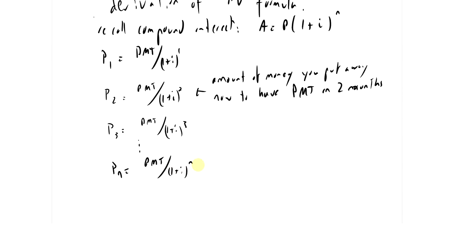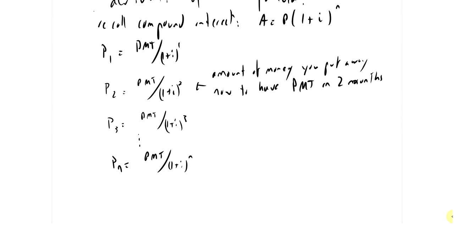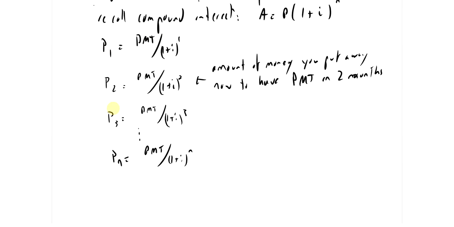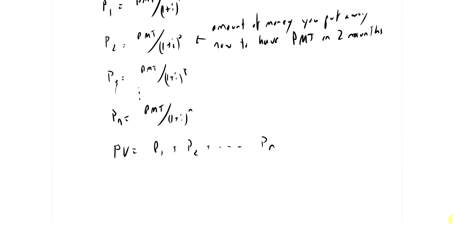Okay, great. So how much can you borrow? Well, if this money is the amount that you can save to get the payments, so the present value is P1 plus P2 plus dot dot dot plus Pn. And now we're going to just grind through that formula a little bit.